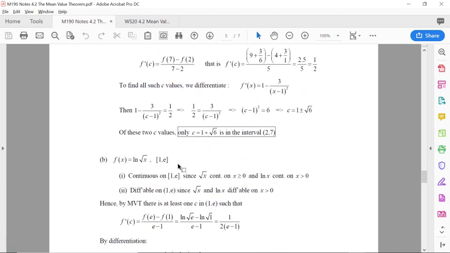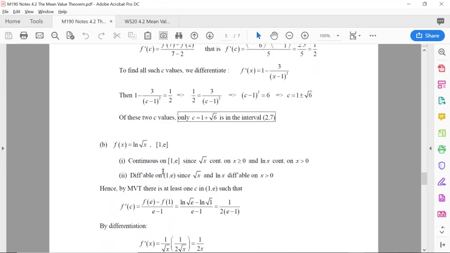Okay. Verify the conditions: continuity on the closed interval, differentiability on the open interval, and state the family and where that family would normally be either continuous or differentiable. In this case, we have a composition: we have a natural log and we have a square root function. The square root function in the argument, the square root of x, is continuous for x greater than or equal to 0.